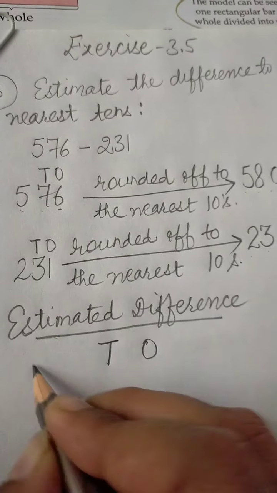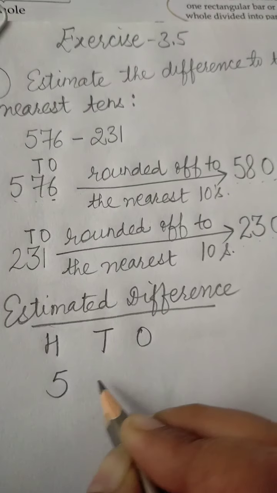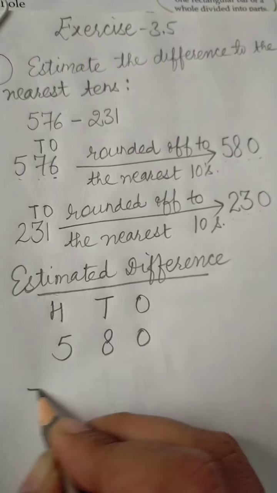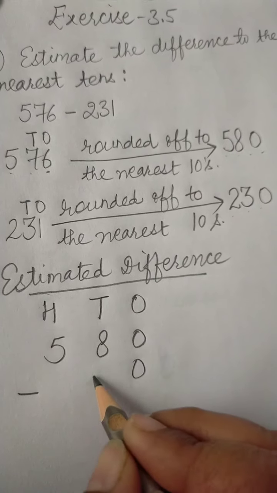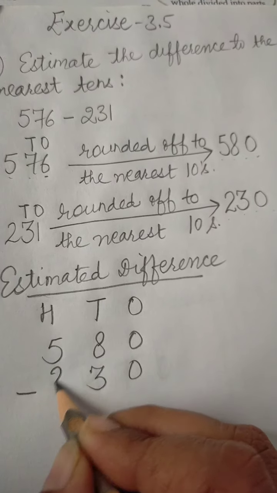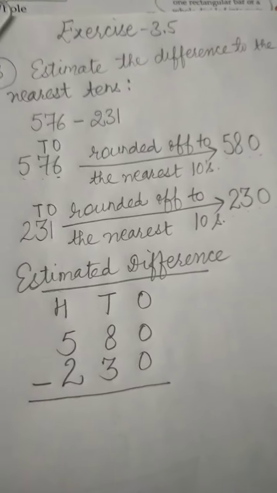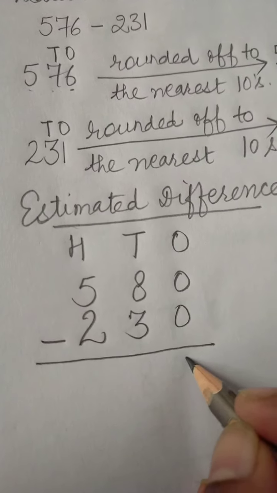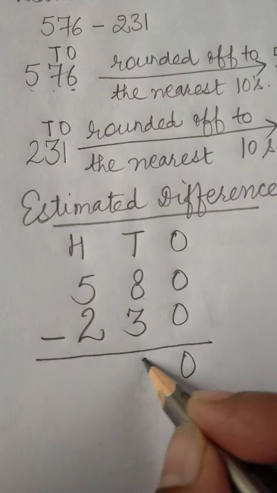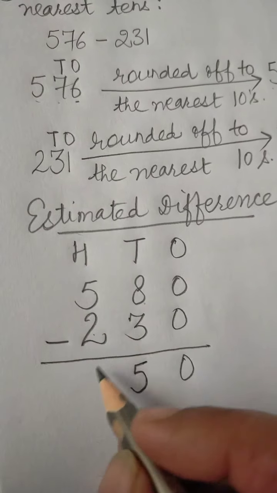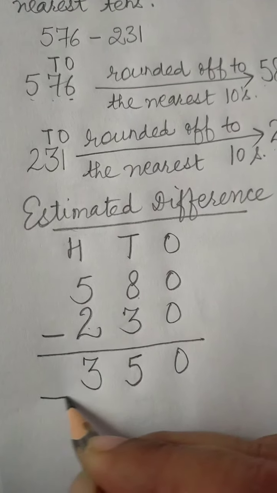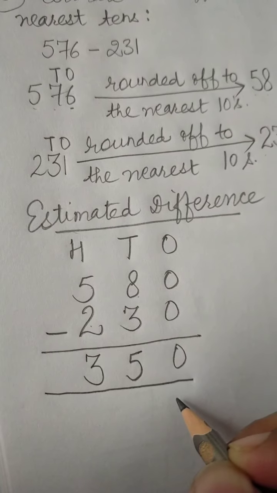Ones, tens, hundreds. 580 minus 230. Here 0, 8 minus 3 is 5, 5 minus 2 is 3. So here we got 350.